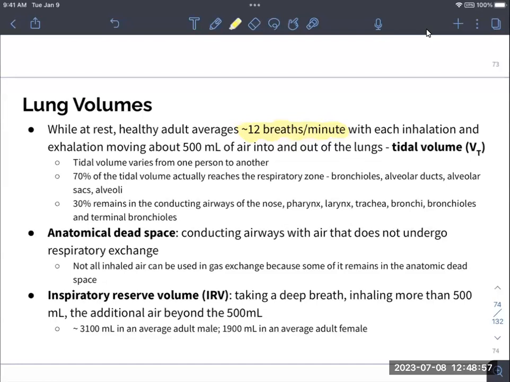When I was taught to check breathing rate, I was taught to take pulse and breathing rate at the same time. You count for about 30 seconds. You count the first 15 seconds of pulse rate and multiply that by 4.